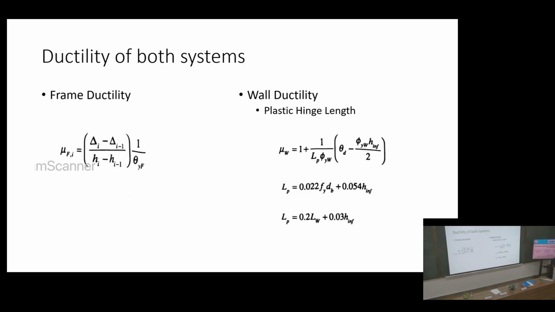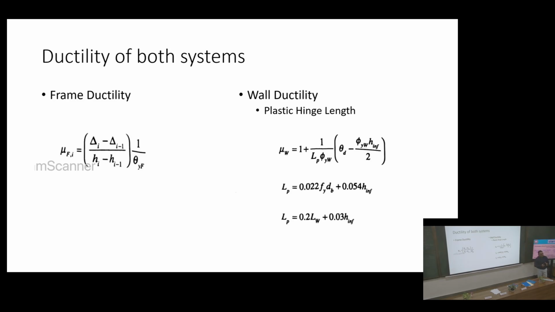Right, next up you have frame ductility. You have 2 different ductilities to deal with: the frame ductility and the wall ductility. The frame ductility is given by this equation over here. And your total overall ductility is a function of both these ductilities. In wall ductility, it's a stiff reinforced concrete wall, right?